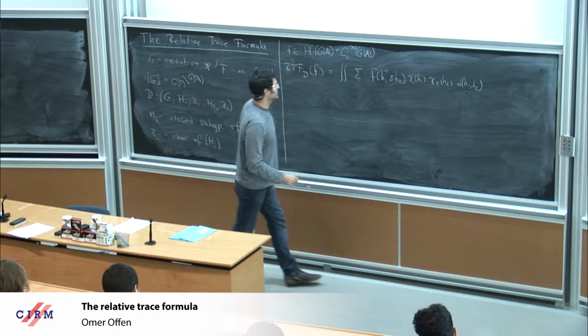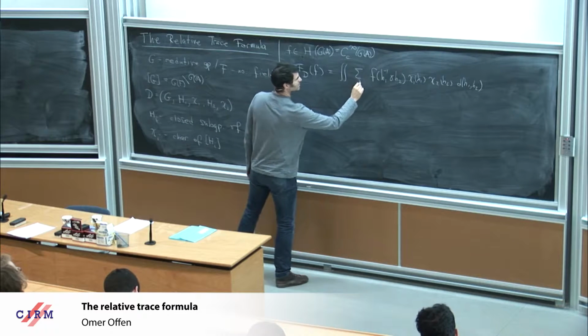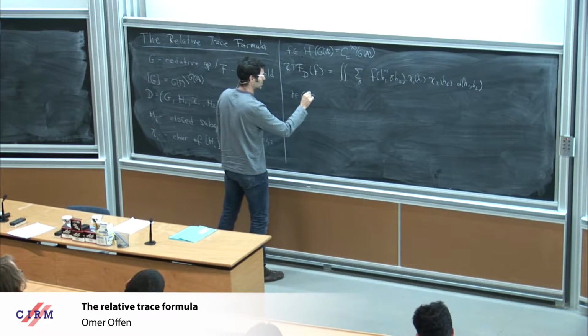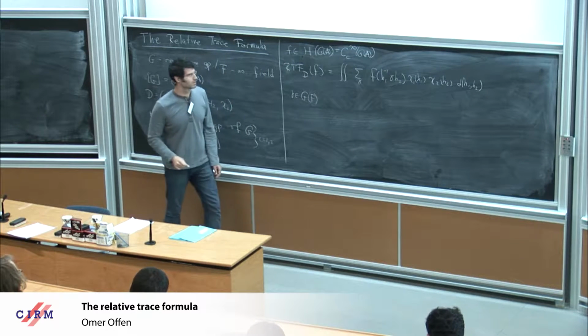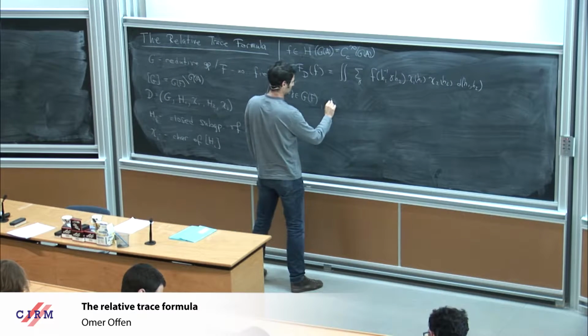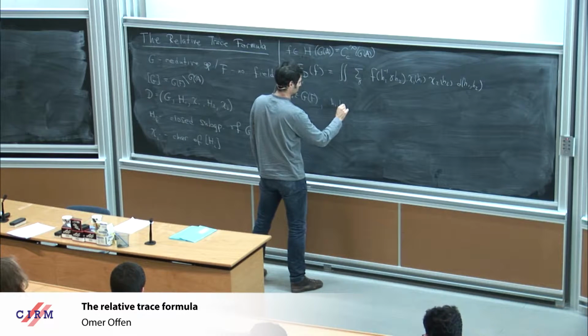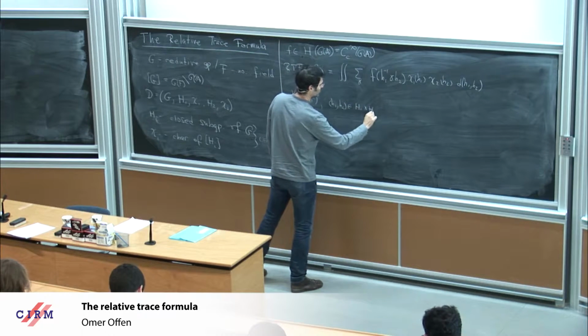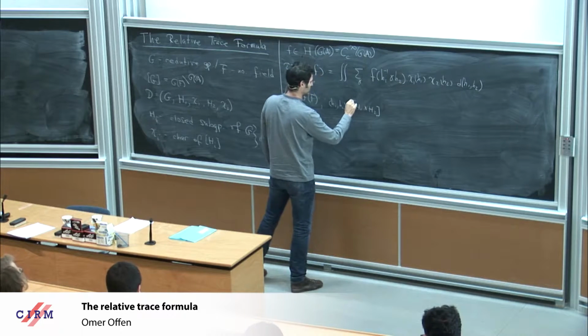Okay, so we are summing over all rational points, and we're integrating over the automorphic quotient of H1 cross H2.